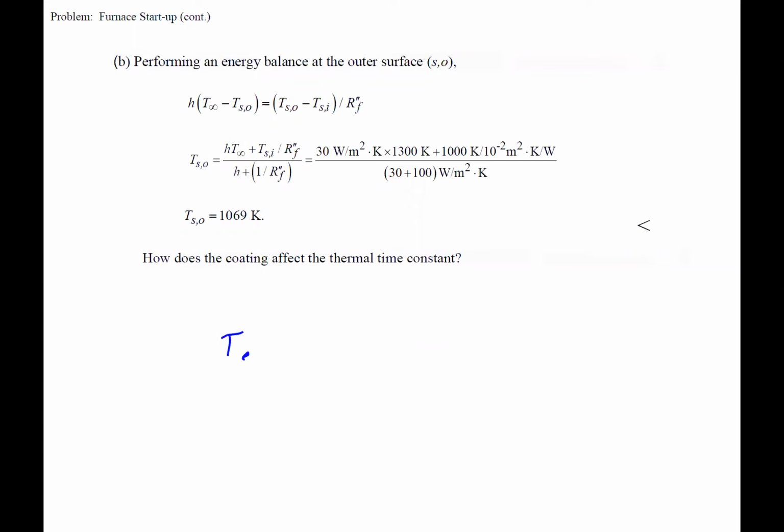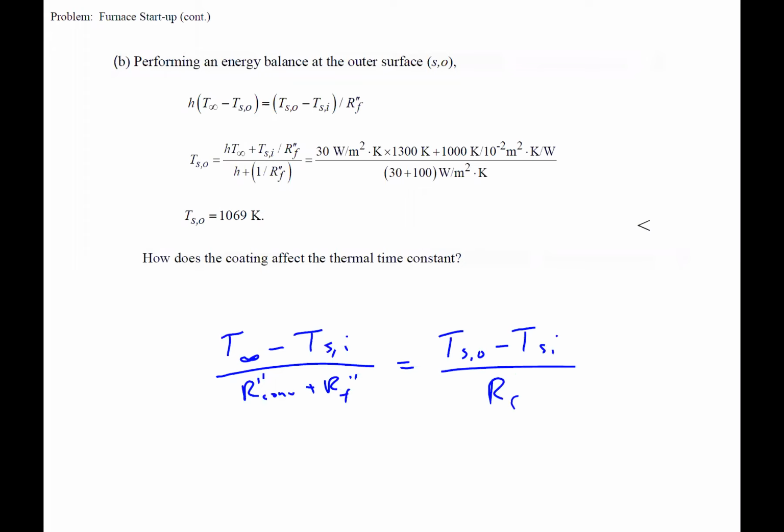So if we had T infinity, T_si, the resistance of convection plus the resistance of the film, we have this, because that's what q is equal to.